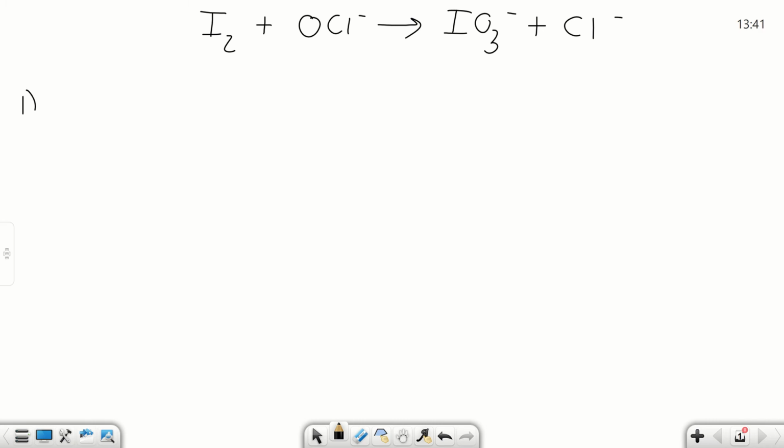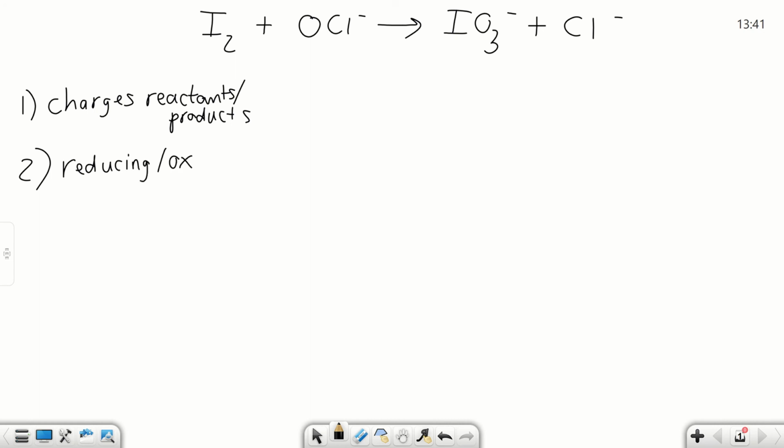I want to know the charges of the reactants into products. I want to know how the charges are changing. That would be step number 1. Step 2, I want to know what is the reducing agent and the oxidizing agent. And then I want to balance the redox reaction.